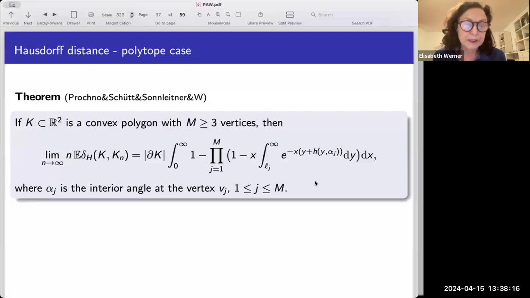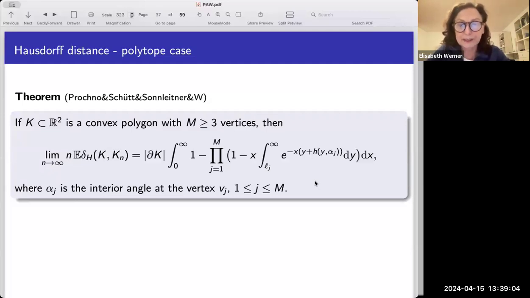So what we did with Joscha and Carsten and Matthias is that if K is a convex polygon in R2 with m bigger or equal 3 vertices, then the limit as the number of chosen points, the points that we now choose on the boundary of the polygon, goes to infinity, n times, which is the right order as we just saw if d is equal to 2, the expected Hausdorff distance between K and the random polytope Kn, where we choose at random the points on the boundary of the polygon, behaves like the right-hand side here.